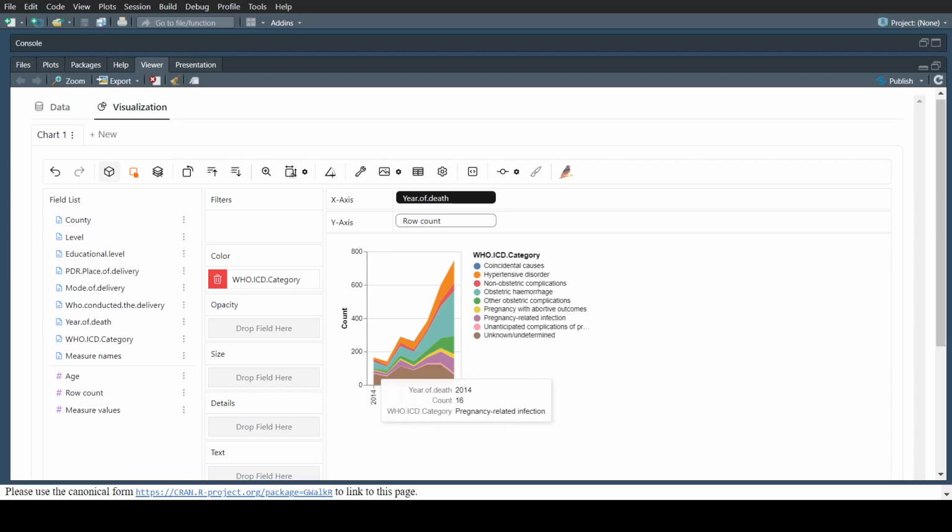In 2014, almost 50% of women had their cause of death unknown. But you can see in 2020, compared to all the others, it's a very small number that had an unknown or undetermined cause of death.